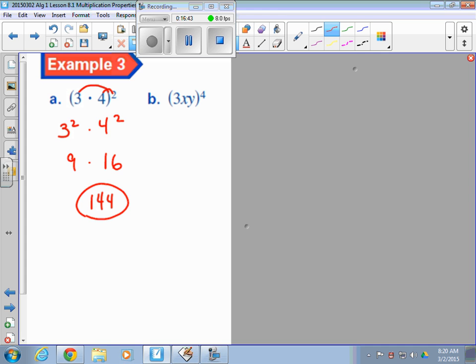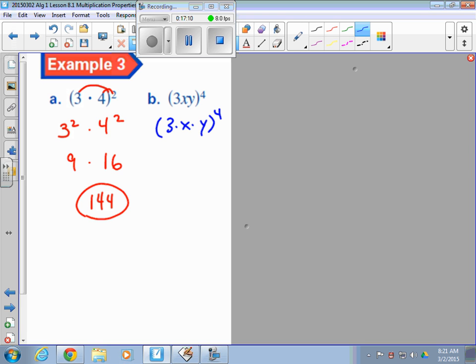The second one, 3xy to the fourth. Take about 15 seconds on that one. Again, if you have to separate it, this is not a necessary step, but if you have to separate it to where you can see it, it's okay.